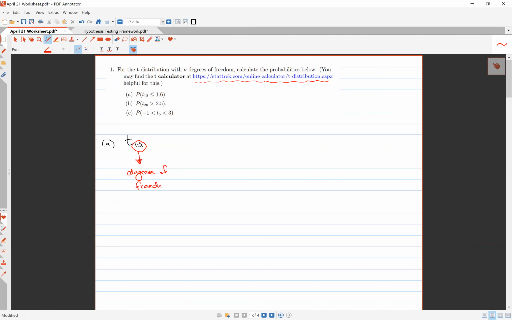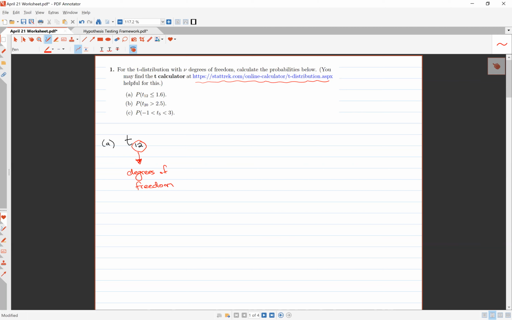The degrees of freedom are always just one less than the sample size, but they have a big impact on the calculation. So the t-distribution and the normal distribution have a lot in common because they're both bell-shaped symmetric distributions, but the t-distribution tends to have fatter tails.